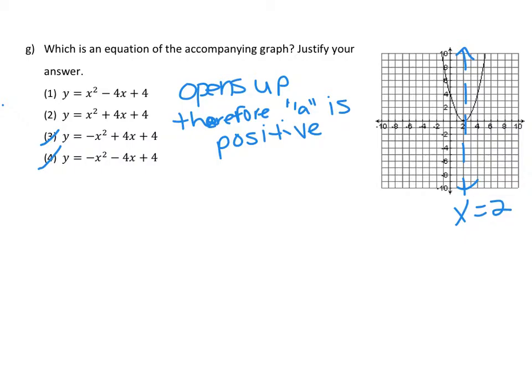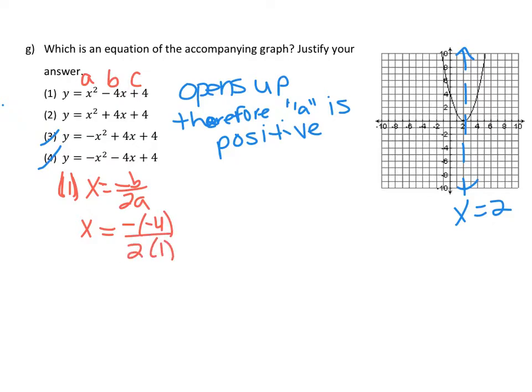Let's find the axis of symmetry for these two choices. So for choice 1, A, B, and C. So x equals negative b over 2a. Negative 4 over 2 times 1.